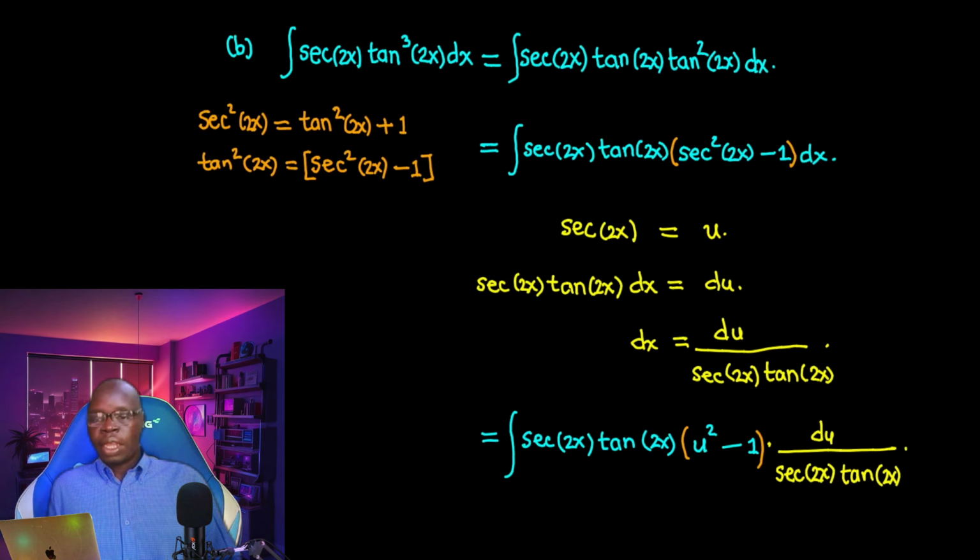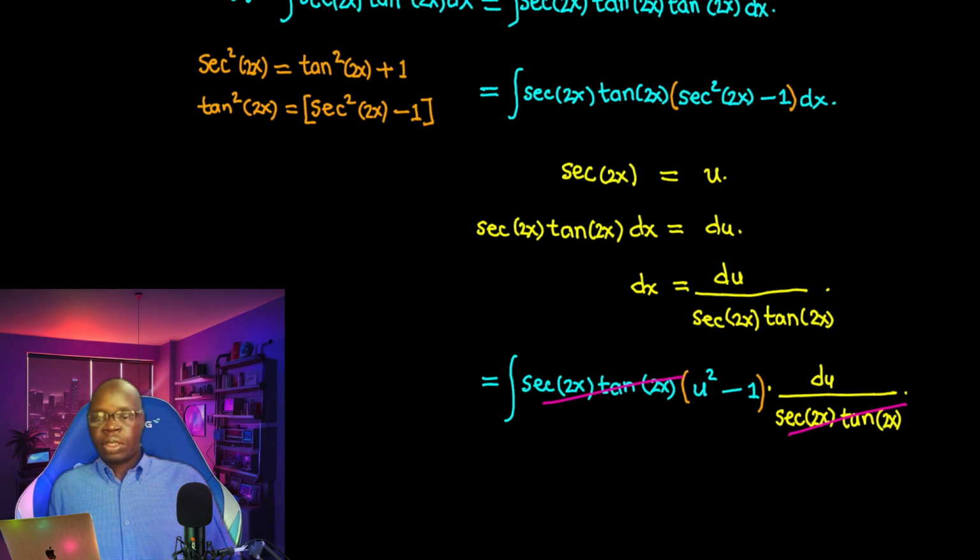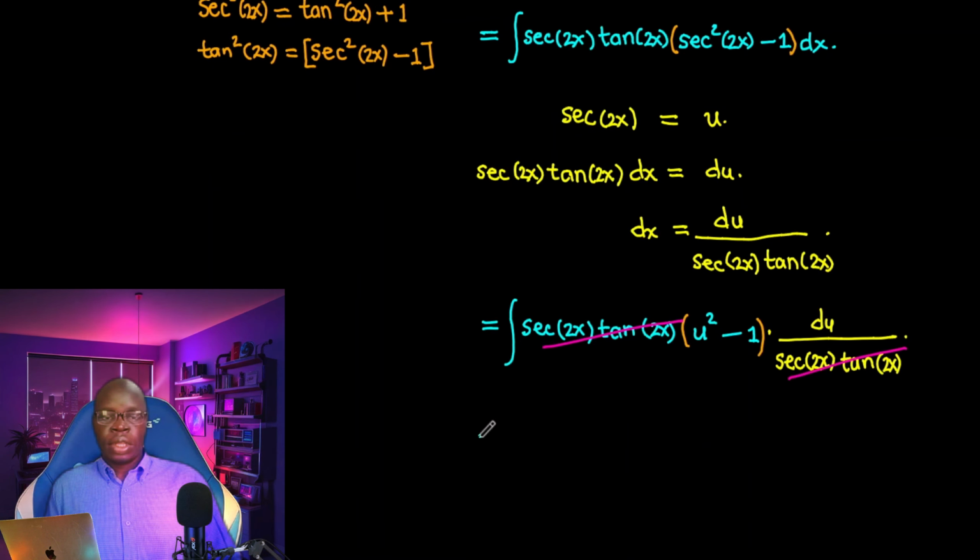So we can see here that secant 2x and tangent 2x can cross, and we are only left with the terms in u, that is the integral of, now let's maintain our brackets here.